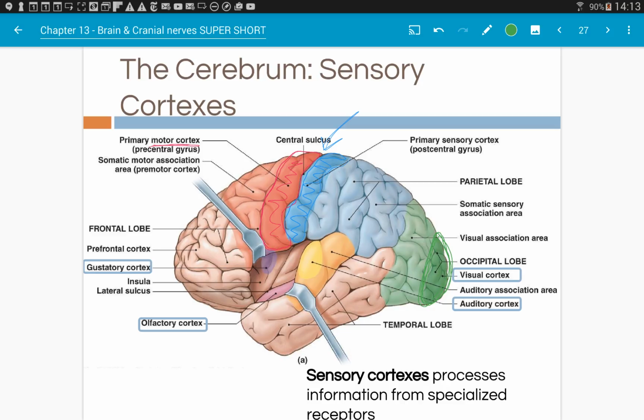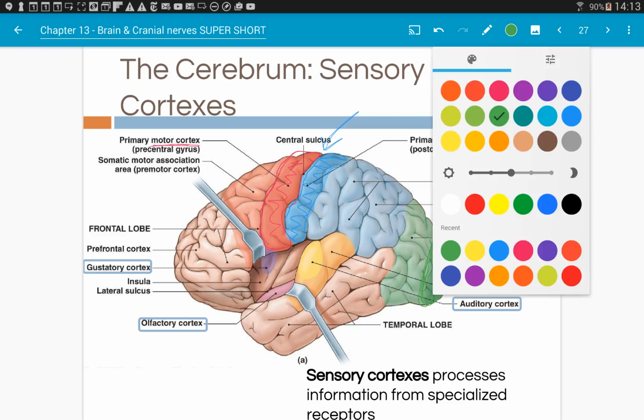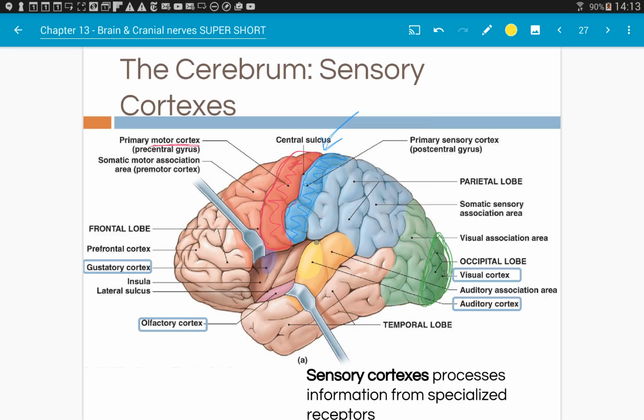And then the auditory cortex, this little yellow region here. If we think about where our brain is in our skull, that auditory cortex is very close to where your ears actually are. So that one makes a lot of sense because it's right where your ears are.